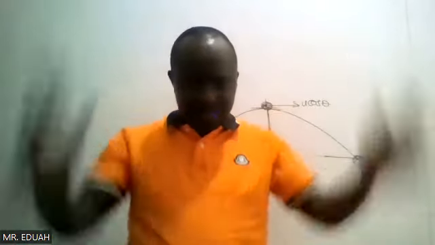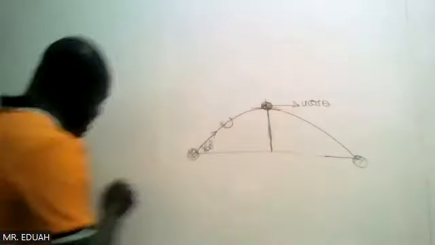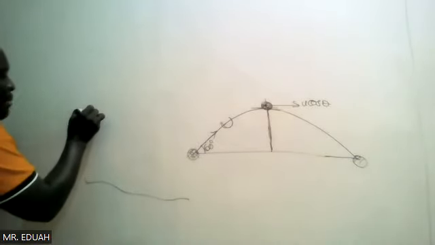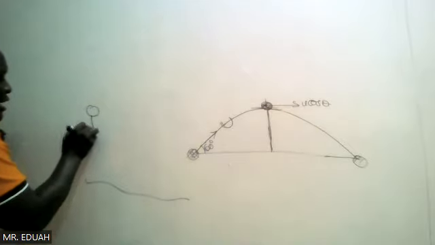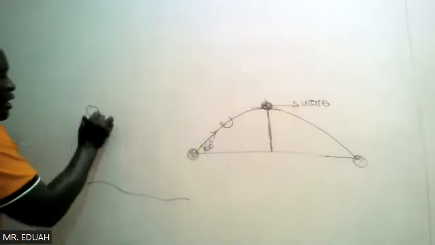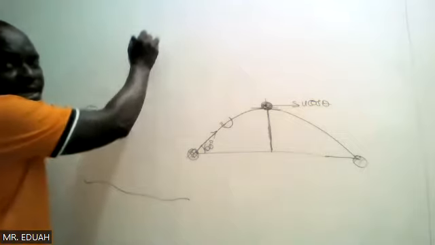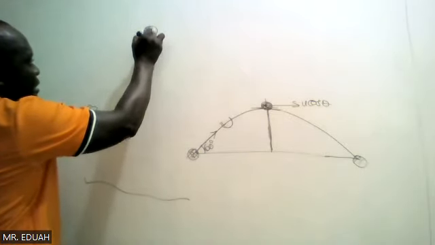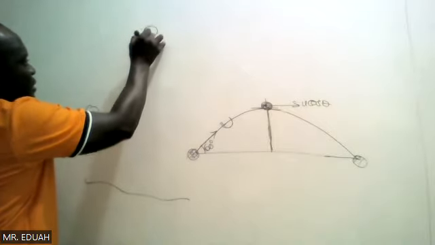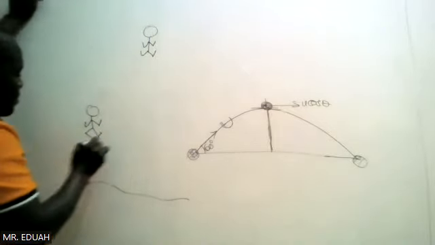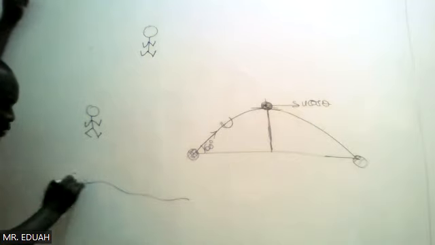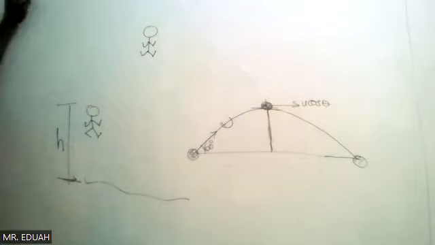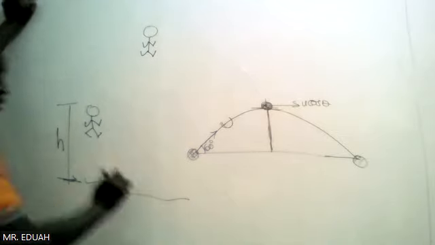gravitational field. Okay, so if this is the surface of the earth, Yaba is here. Aquia, you are here. Because this is your best position from the surface of the earth.